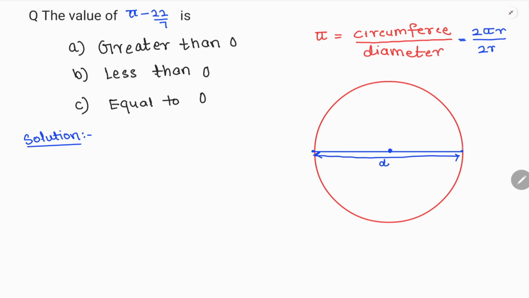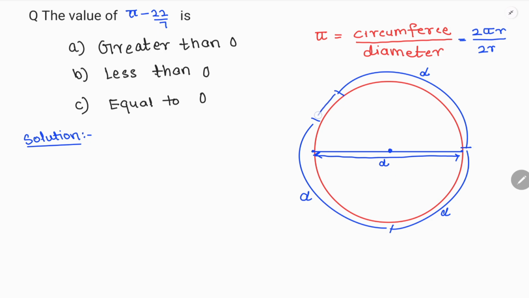Suppose I take one diameter length here, d length, then another diameter length and another d, then another diameter length, another d. So we got 3d, right?